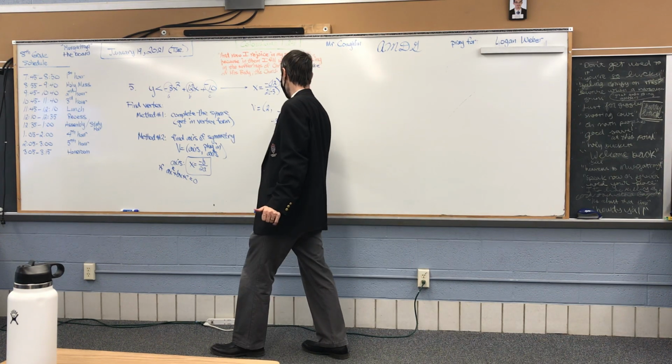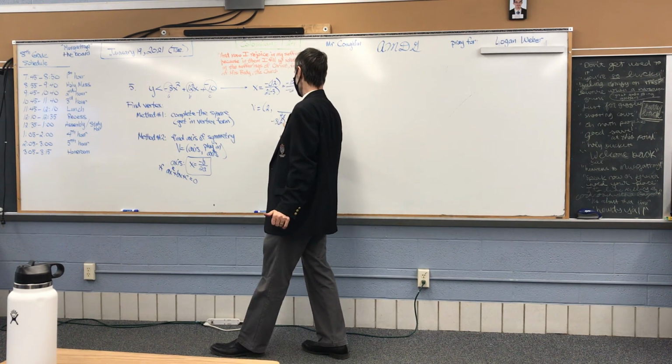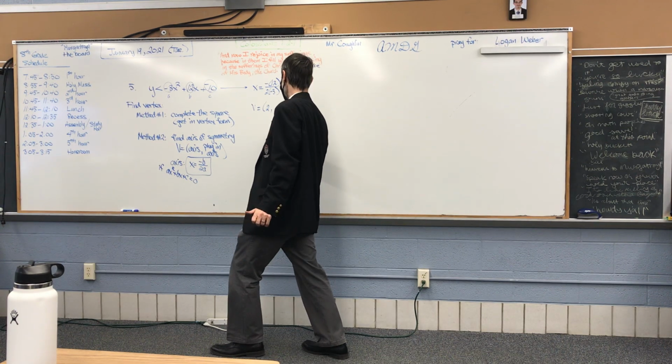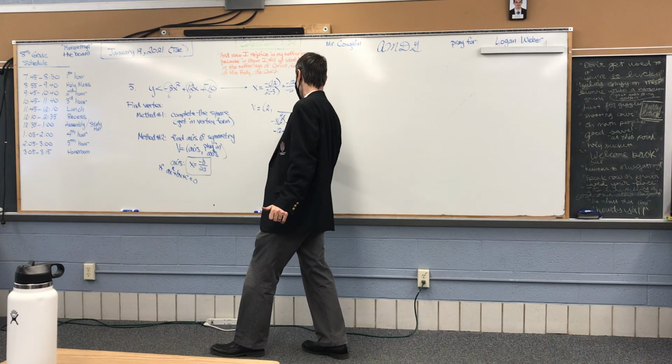So 2 squared is 4, times negative 3 is negative 12. Good. Negative 12 plus 24, good.